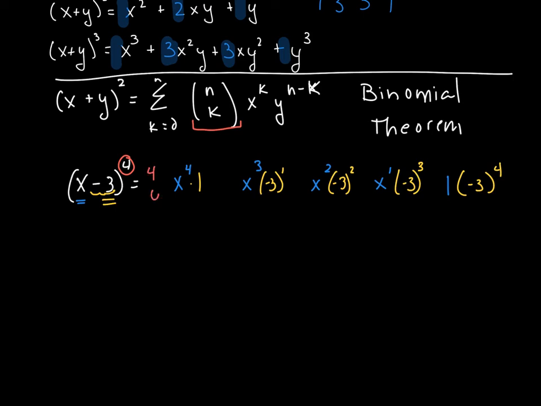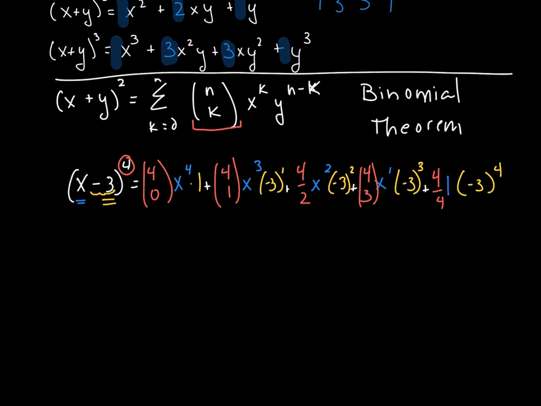So that's going to be 4 choose 0, 4 choose 1, 4 choose 2, 4 choose 3, and finally 4 choose 4. Now in between all of these, we're going to just put a plus sign to recognize right now that those are all separate terms. And then just watch the negative signs on the 3 because that will change things.